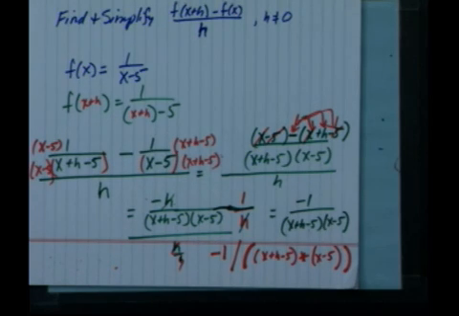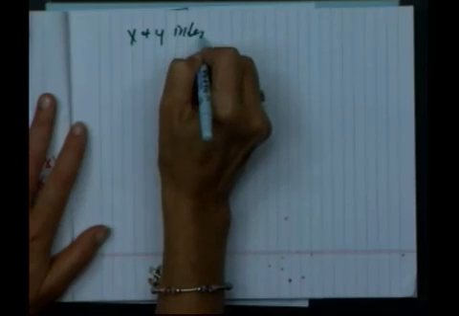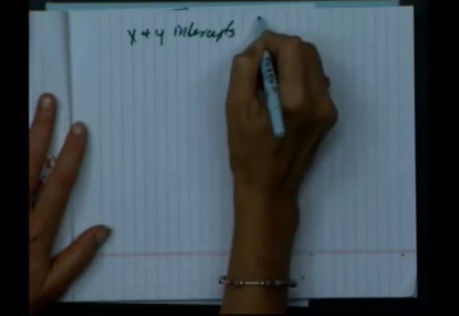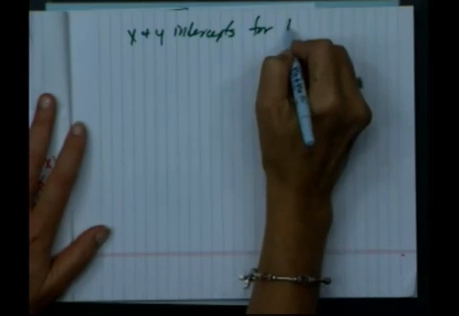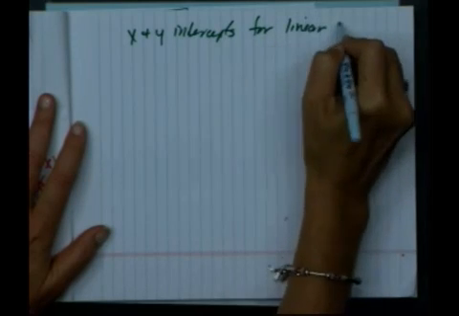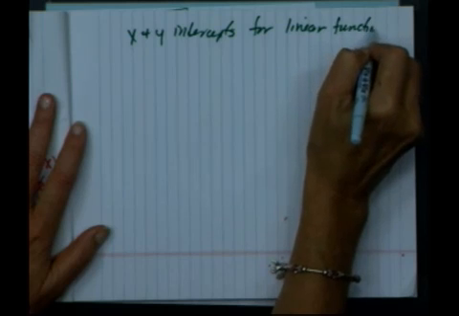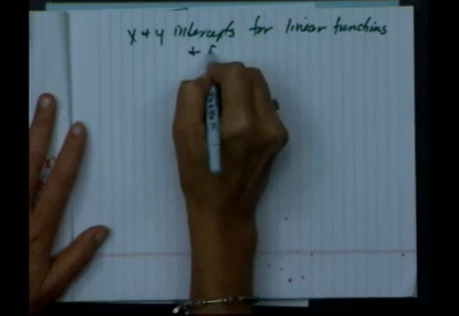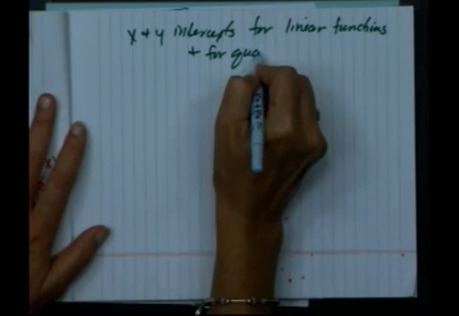Okay. All right, the next question I had was, let me check this off so I know I've got them covered. X and Y intercepts for linear functions and for quadratic functions.